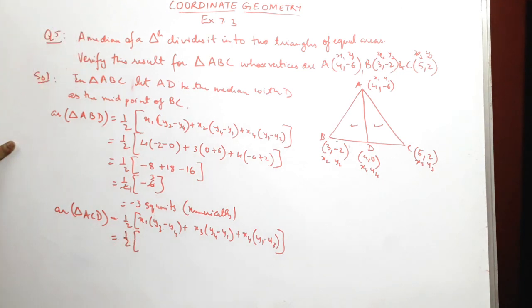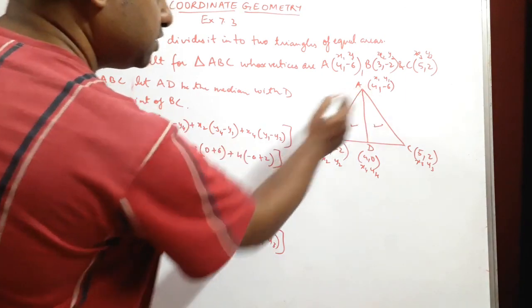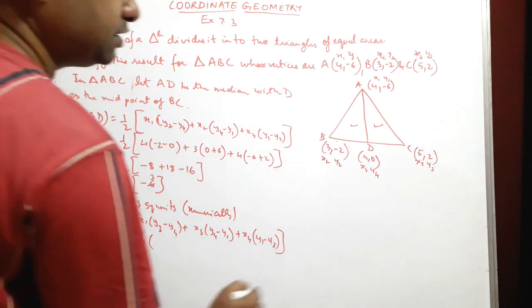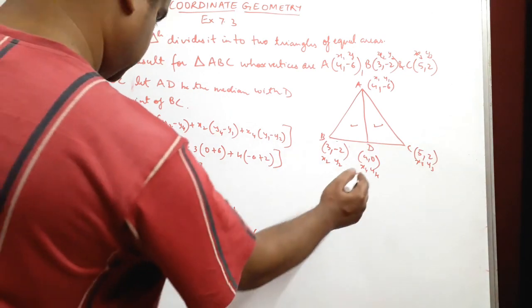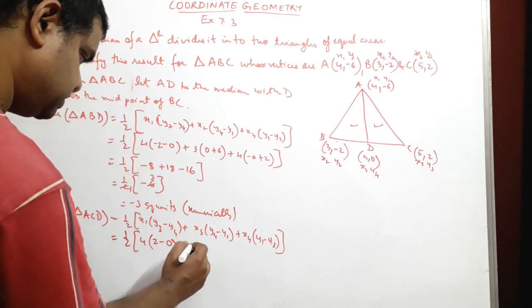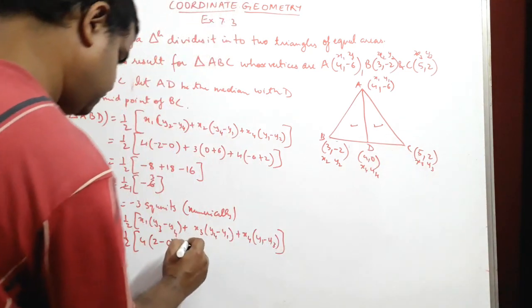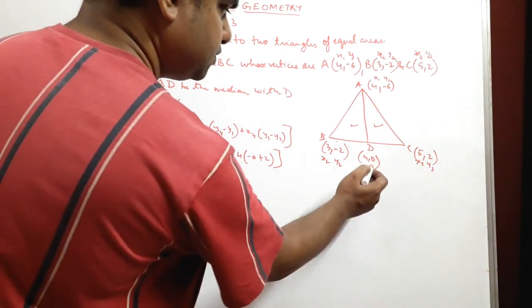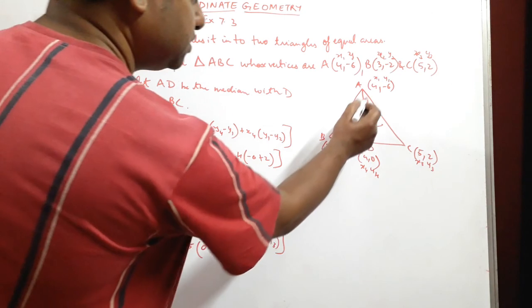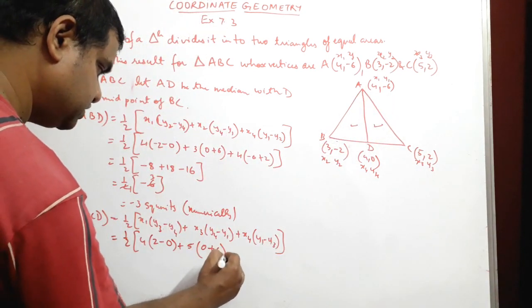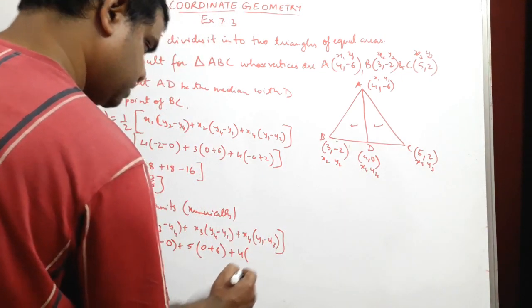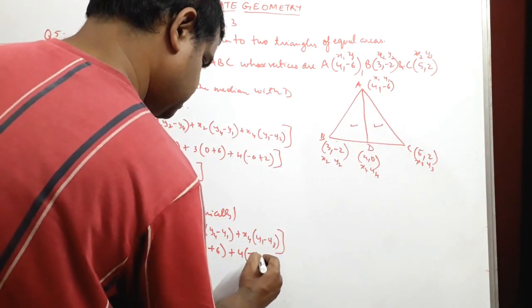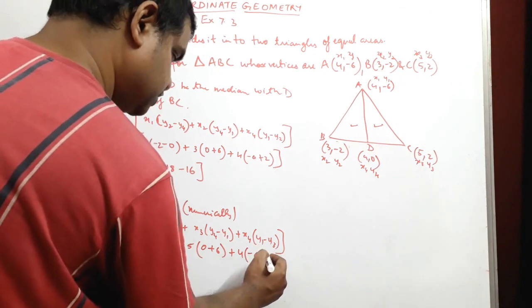So now we substitute the value over here for x1, y3 and y4. x1 is 4 into y3, which is 2, minus y4 which is 0 plus x3 which is 5, y4 which is 0 minus y1 which is minus 6, so that will be positive 6, plus x4 is 4, y1 which is negative 6 minus y3 which is positive 2, so it will become negative 2.